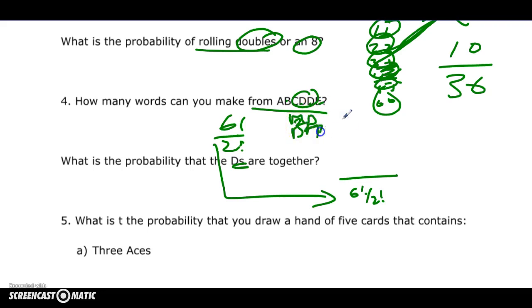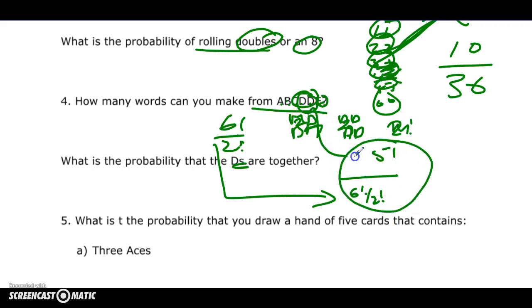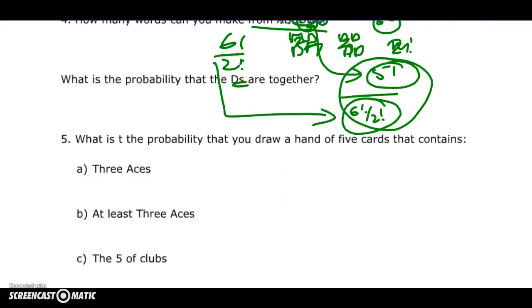But in this case, DD or DD is the same thing. So you're not going to multiply this by 2 factorial. Instead, you just group them together. There's only one way to put them together. So you have 1, 2, 3, this giant letter 4 and 5. So now it's 5 factorial ways to line those up. So the number of ways you can line up the letters where the D's are together is 5 factorial, and then the bottom is 6 factorial over 2 factorial.